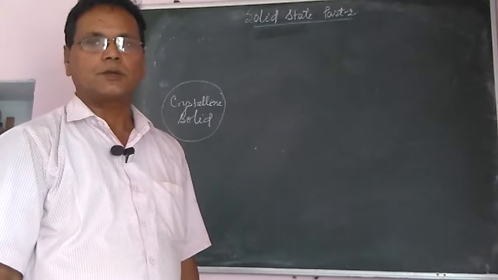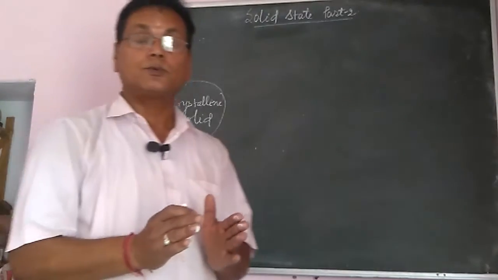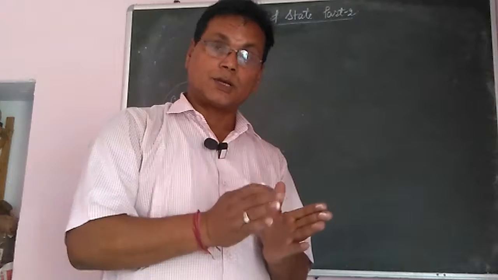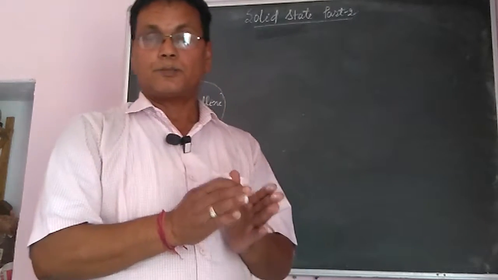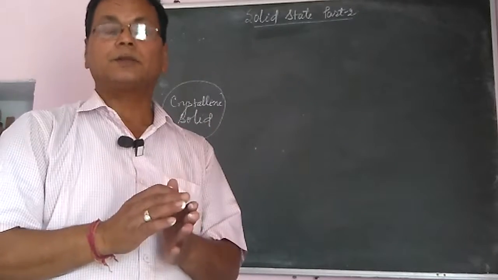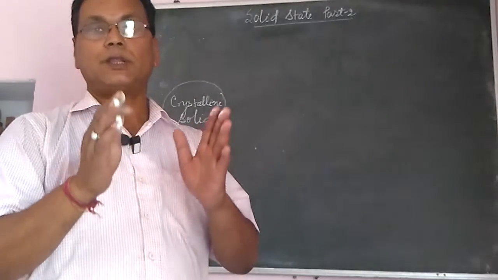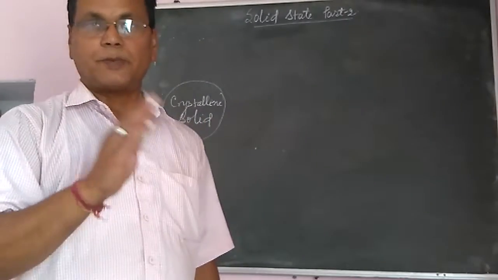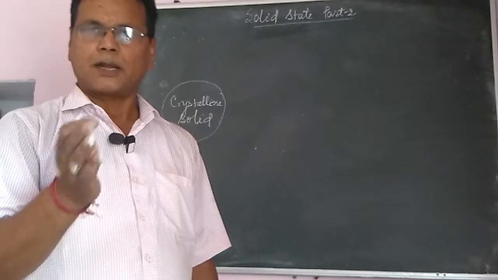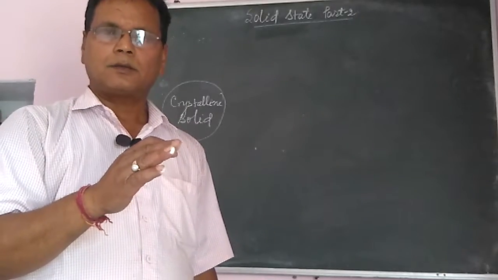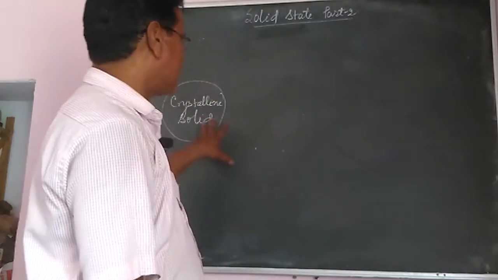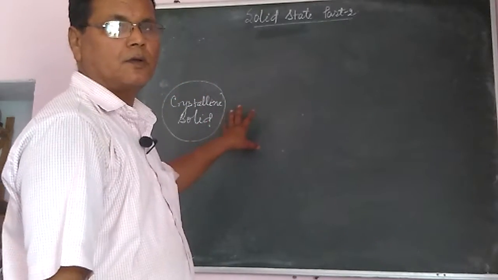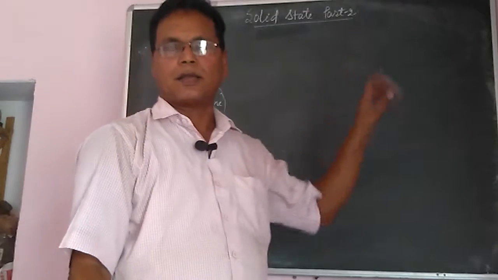crystalline solids on the basis of the nature, differences of the particles and the force between them. The forces between them are different and the molecules are different, so these crystalline solids will be of different types.